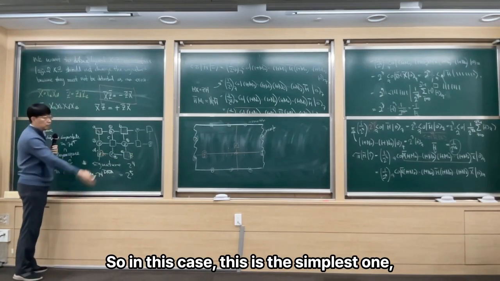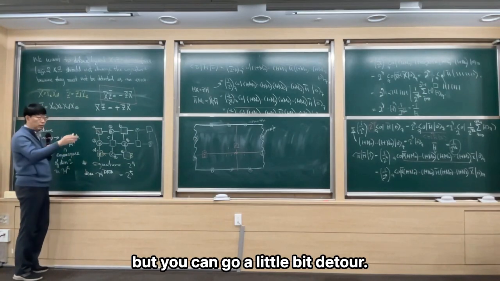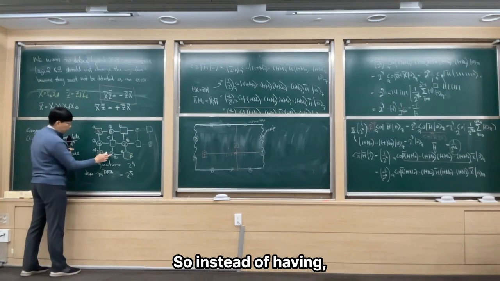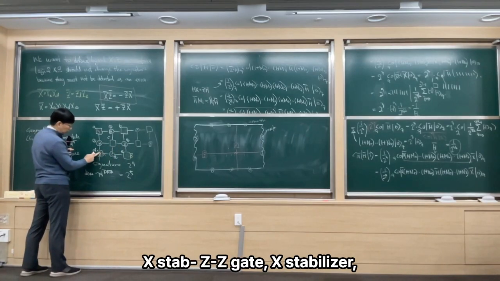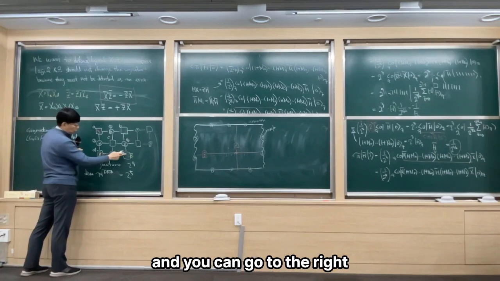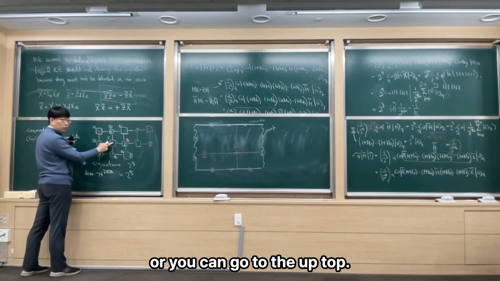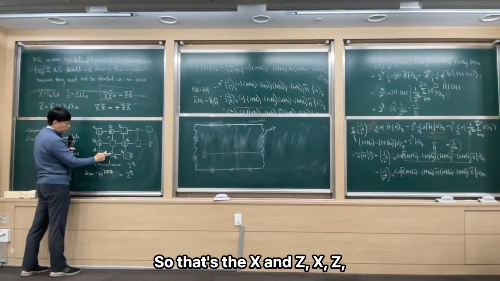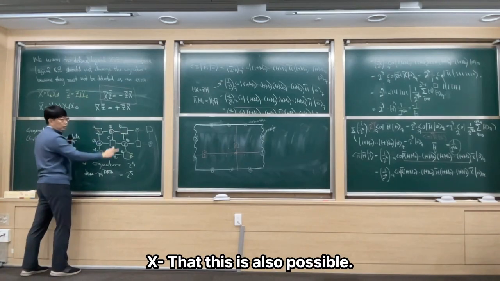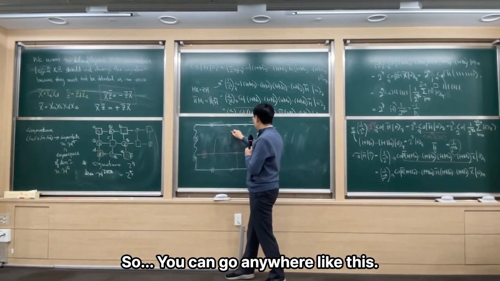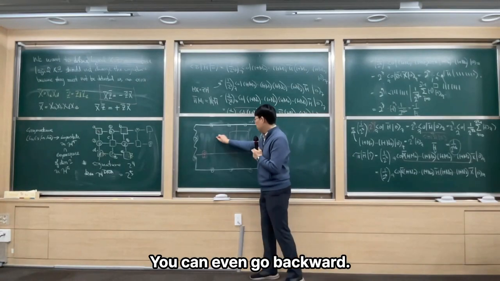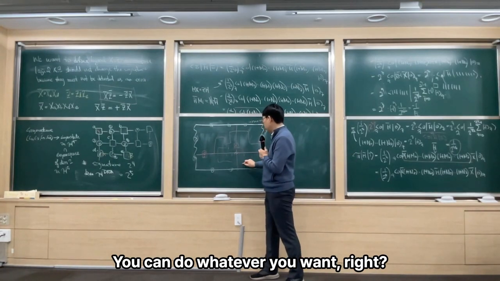Okay. So in this case, this is the simplest one, but you can go a little bit of a detour. So instead of having Z stabilizer, X qubit, Z gate, X stabilizer, you can go to the right, or you can go to the top. So Z stabilizer, X, and Z, X, Z, X, Z. This is also possible. So you can go anywhere like this. You can even go backward. You can do whatever you want.